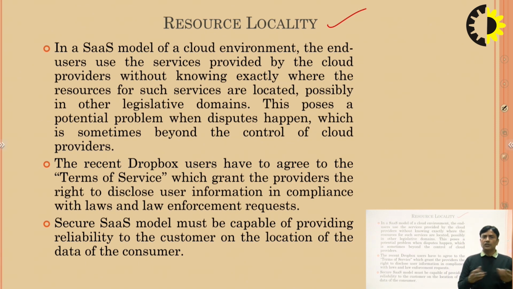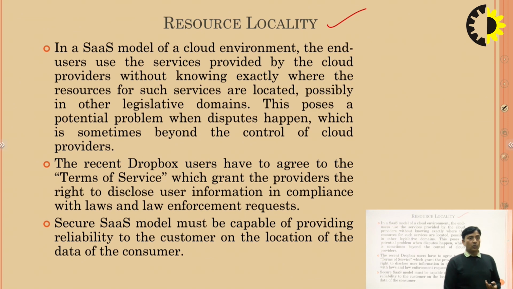This is the complete abstraction. You have no idea where that storage is physically located and what the security concerns and security countermeasures are for that particular physical resource. This poses a potential problem when a dispute happens, suppose something is going wrong, which is sometimes beyond the control of cloud providers.